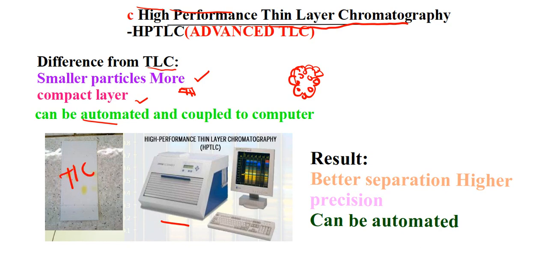Then this is the high performance thin layer chromatography. The difference is that this one gives better separation and also high precision. The other one is not automated, then this one is automated. So this is the difference you can get from the two.